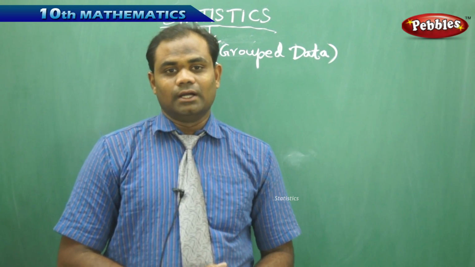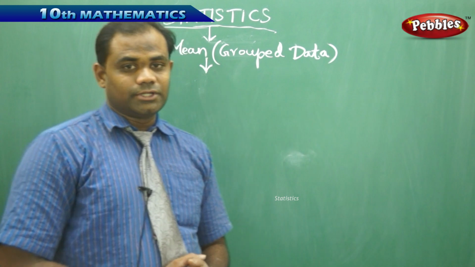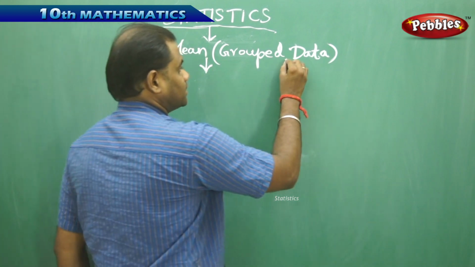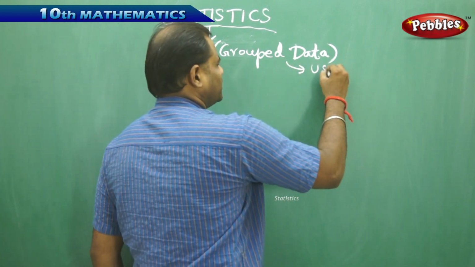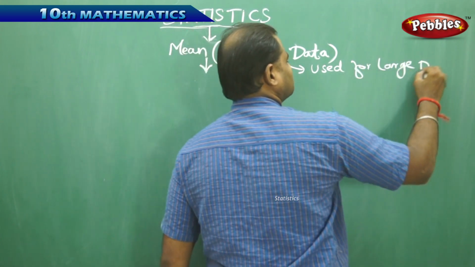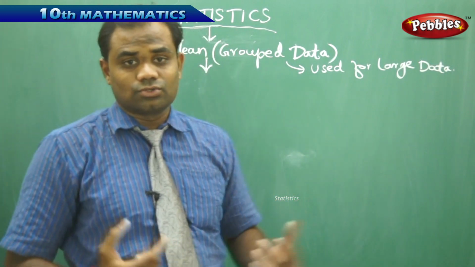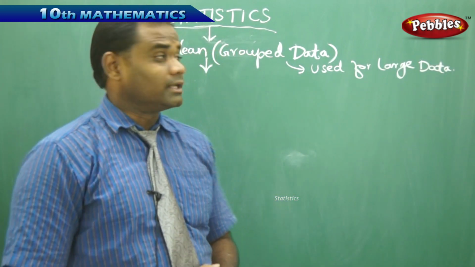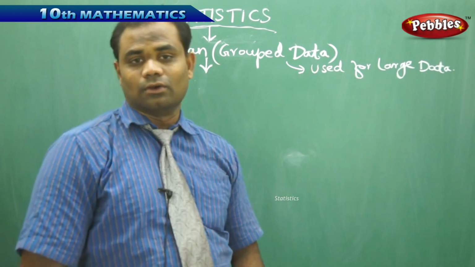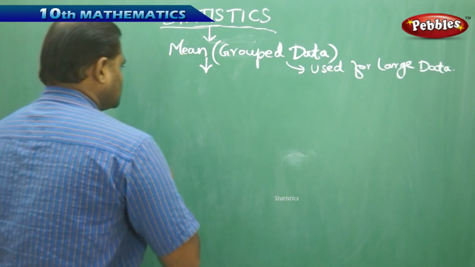So grouping the data restricts the whole or the large data. So grouped data is generally used for larger data, is very important. When the data is very large, like 1,000, 200, 500 in number, then in that case we use grouped data. So for the previous problem, let's try to convert into the grouped data.